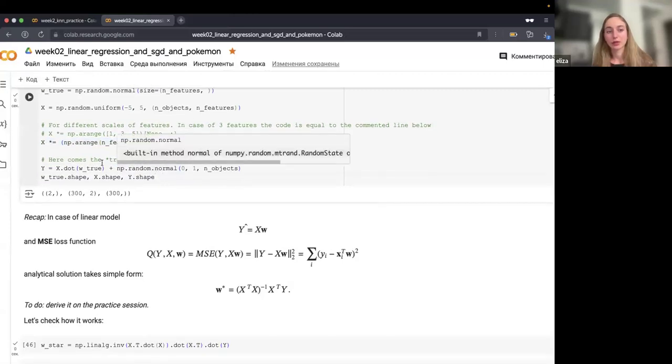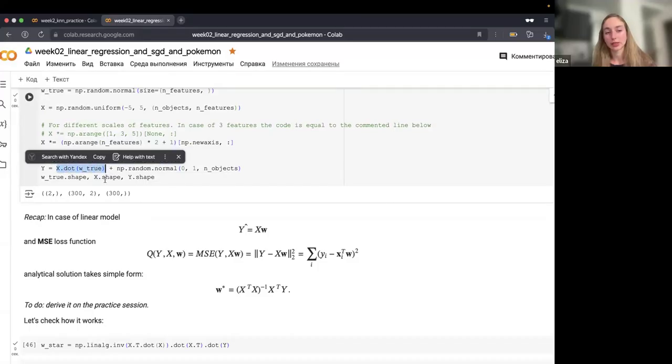And we multiply X by the true weights, and we generate our target.